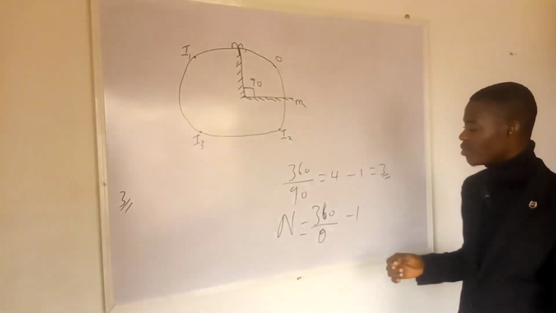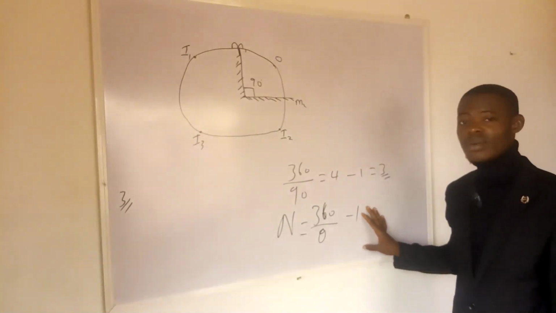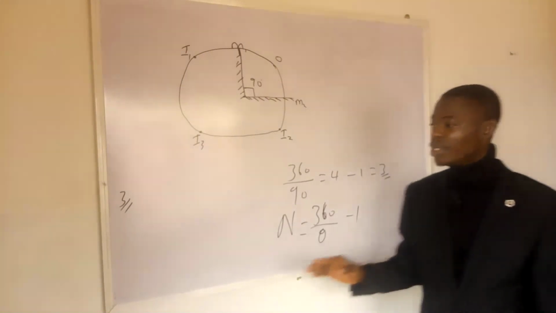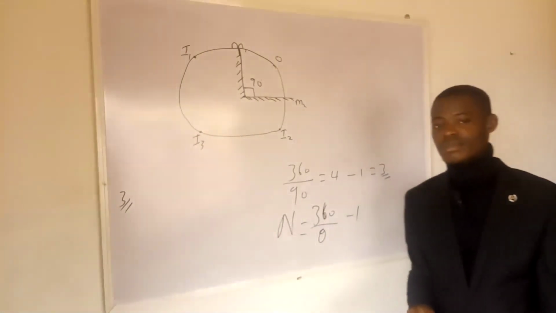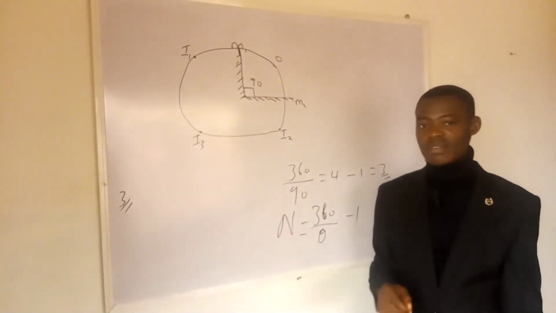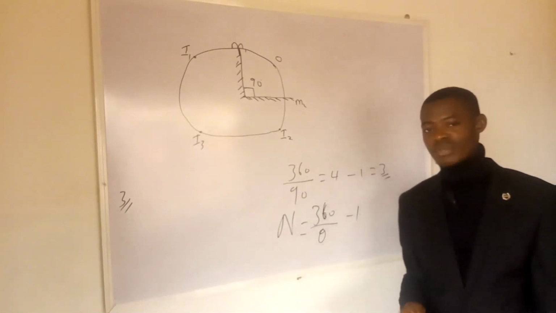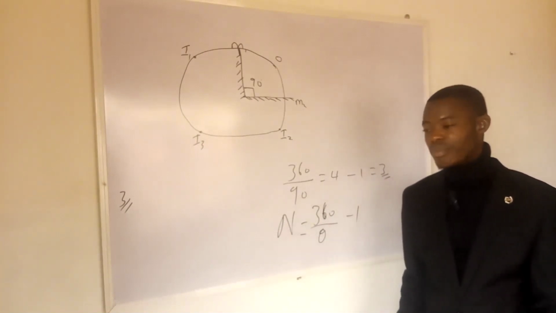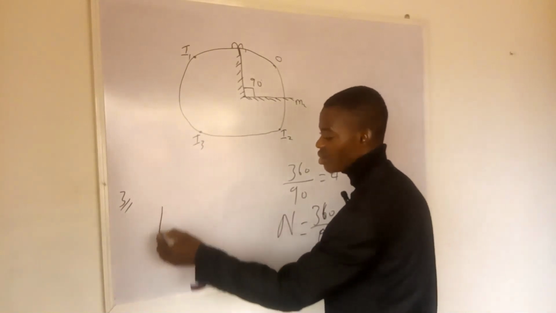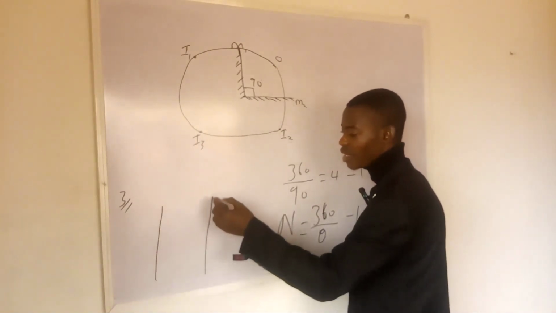Perfect. Now that we know the formula, we can consider a situation whereby the mirrors are parallel to themselves. What if the mirrors are parallel? How many images will be formed if an object is placed in between them? First, with a visual illustration, mirrors that are parallel look something like this.